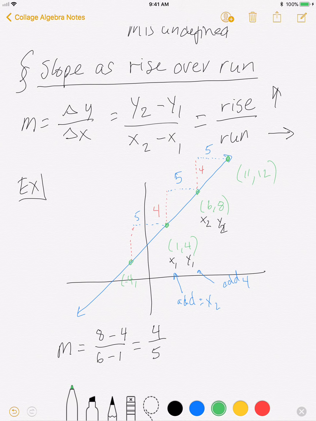The point should actually be here. I guess I should say not drawn to scale, but that would be a 0 right there. Down 4. So let's clean this up a bit. You need to go further across and then down 4. There we go.